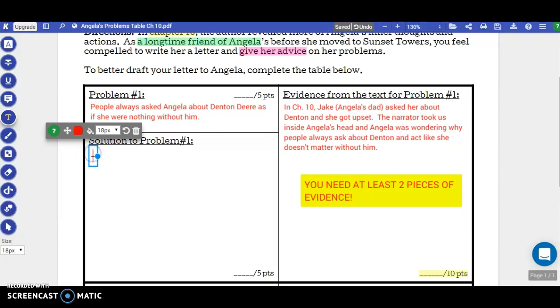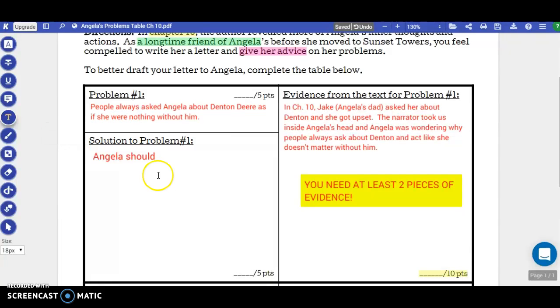So I'm not going to tell you the solution because I'm betting that you can come up with something way better than what I could. I'm just going to give you a sentence starter to help you out. "Angela should," and I'm going to leave it there. I'm going to let you explain what she should do.